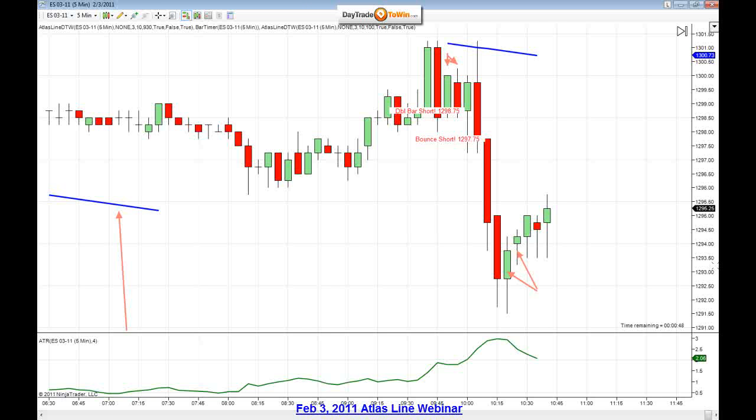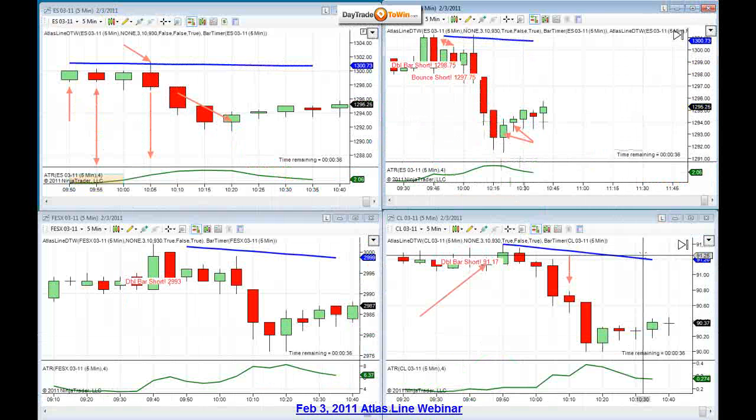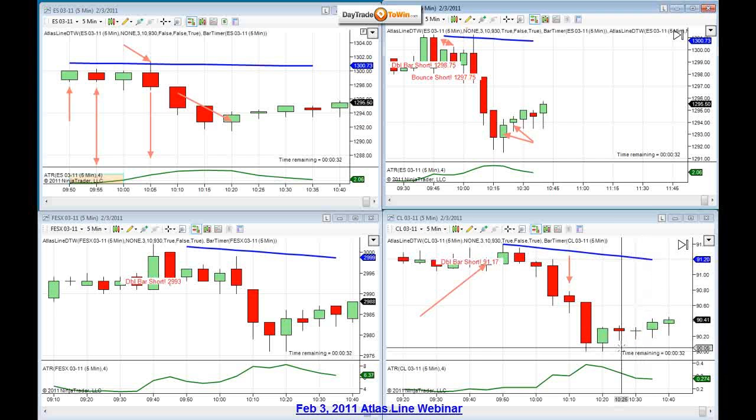Well, I've used a time-based stop for a very long time. A time-based stop is telling me that if I do not make my profit target within a set number of bars or a set time, then I am not going to continue with the trade.